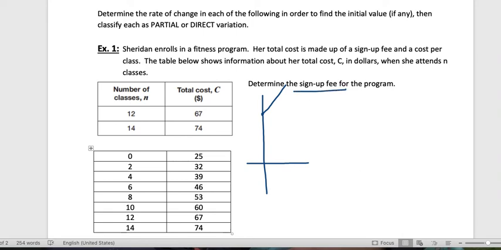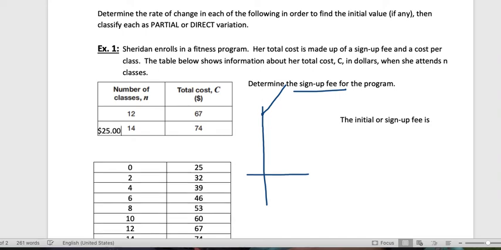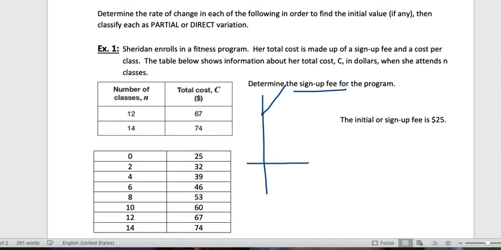When it asks us for the initial value, it's asking for the actual sign-up fee. So the initial value, or sign-up fee, is $25. It also asks us to decide whether it's partial or direct variation. If we sketch it, it's not going directly through the origin, so this has to be partial variation.